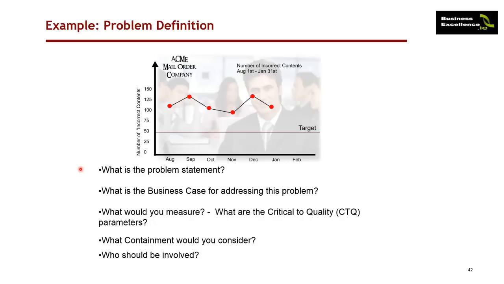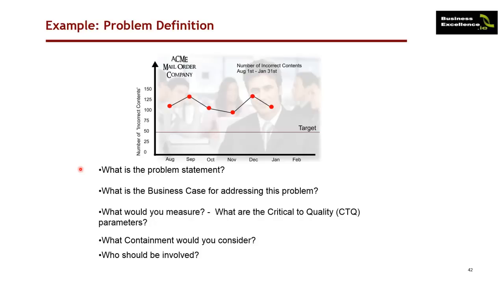People will say, check it against the original order that they got in the warehouse. But the question is, how do you know that document is actually correct? In this case, the only containment that you could really consider is to ring up the customer and re-clarify the order with the customer prior to shipment.